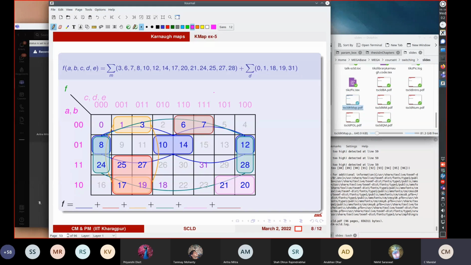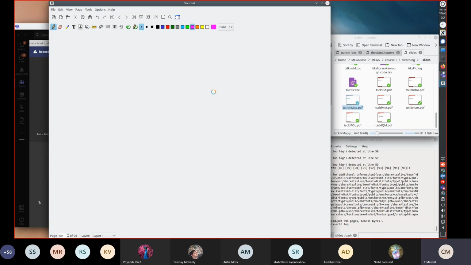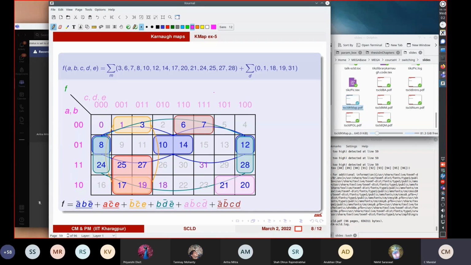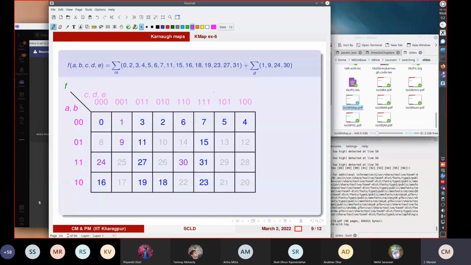So now you can of course write out the product terms corresponding to these cubes. So these are the product terms. All right. Here is another example.